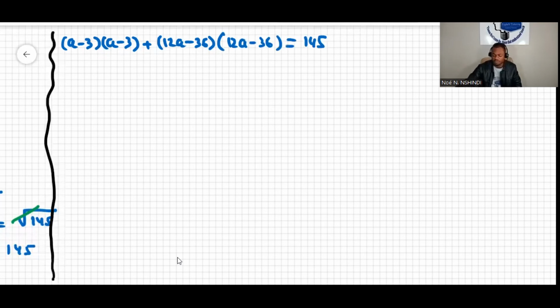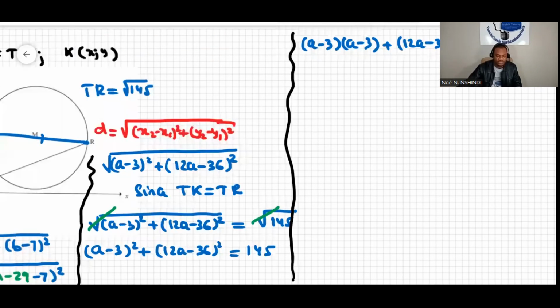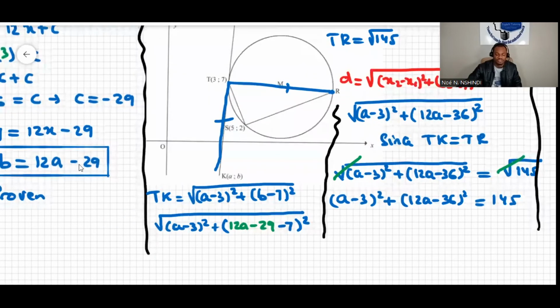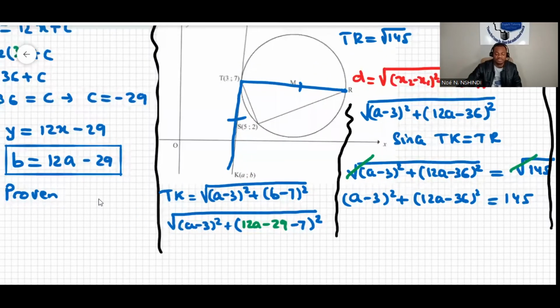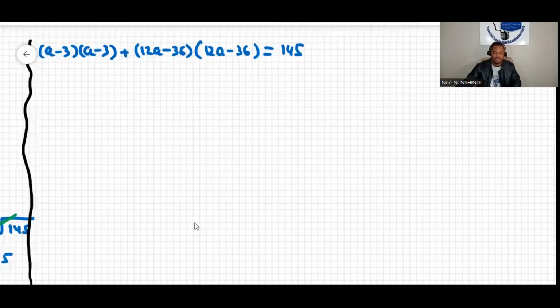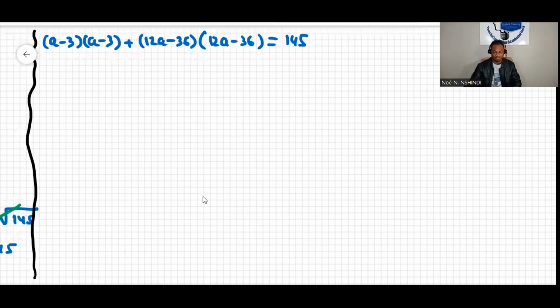The reason I substitute the value of B by 12A minus 29, as we did previously, is that with one unknown in one equation, we can work it out. If it was two unknowns in one equation, it wouldn't be possible to find the solution. Now that we have one unknown, A, that's okay.